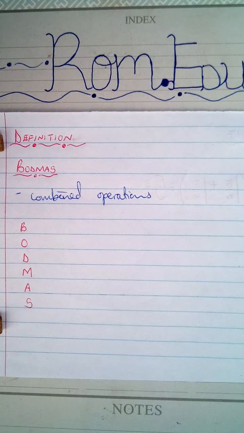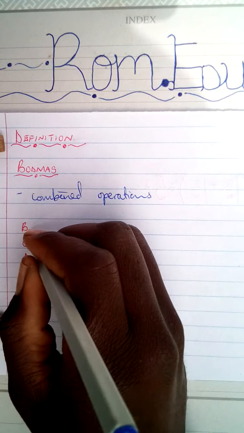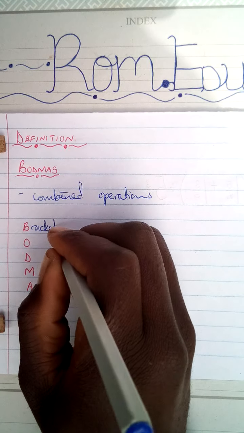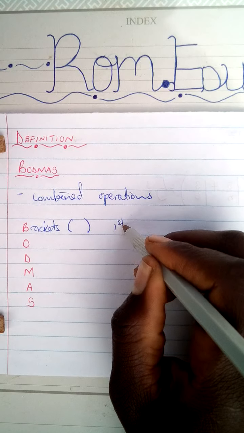So we're actually going to see what Bodmas represents, because remember Bodmas is just a short term or a representation of operations. So for the first, B represents brackets, which means this is our first operation.